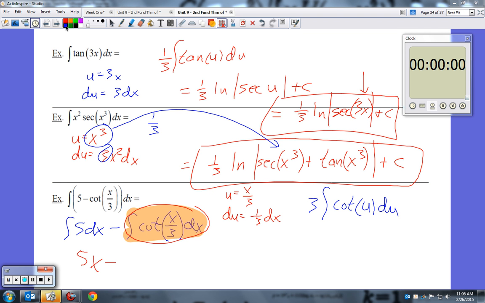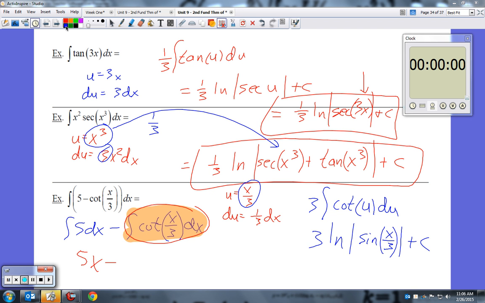Okay, cotangent. Think of a cotangent. What's the answer there? Natural log of the absolute value of sine. So what am I doing? I'm trying to help you memorize them as we speak. The natural log of the absolute value of sine, and it's going to be of u, which is x over 3, plus c.